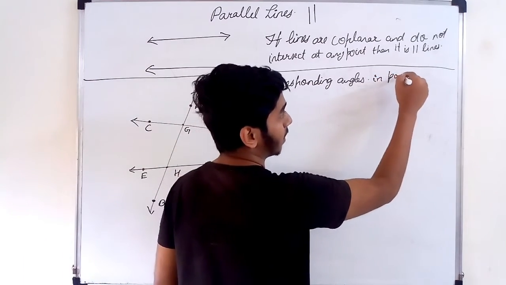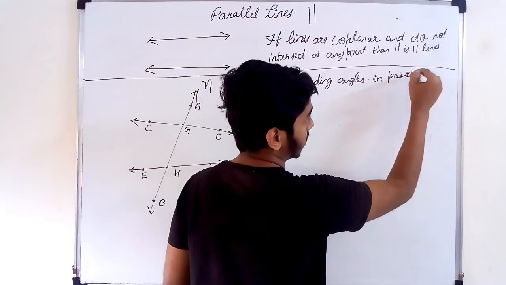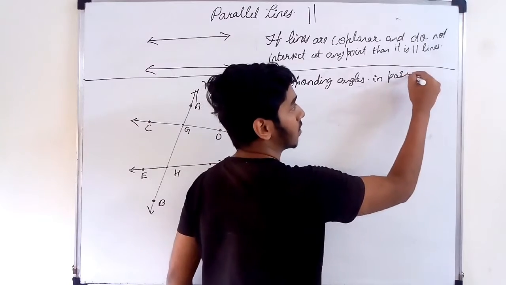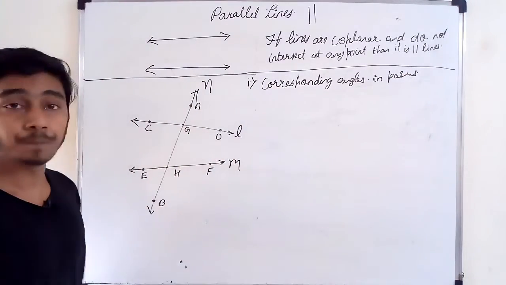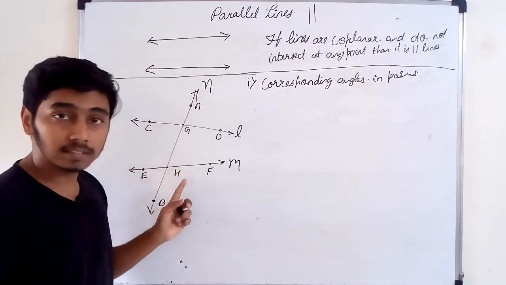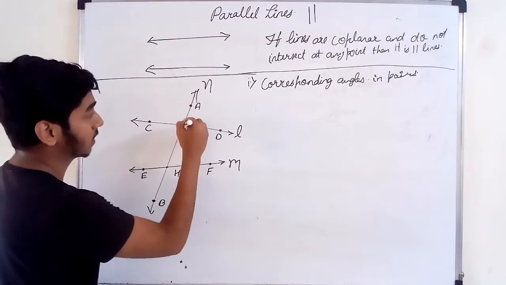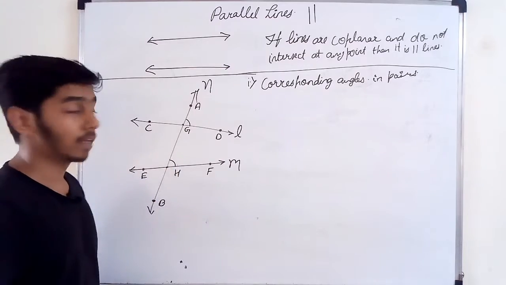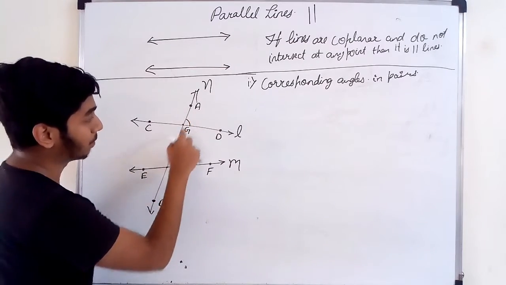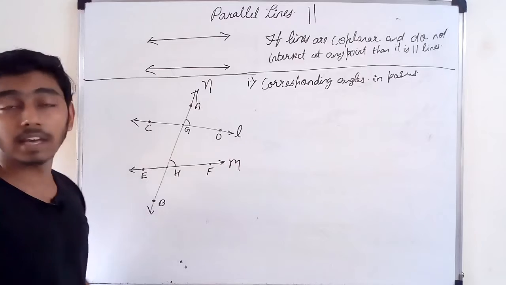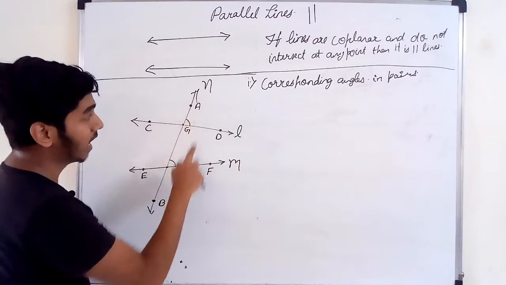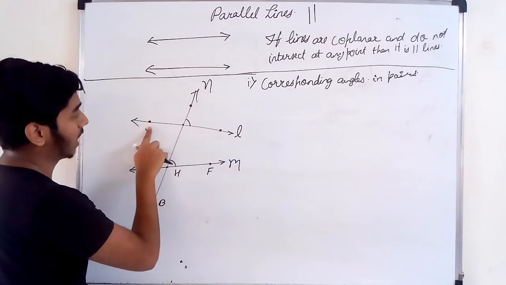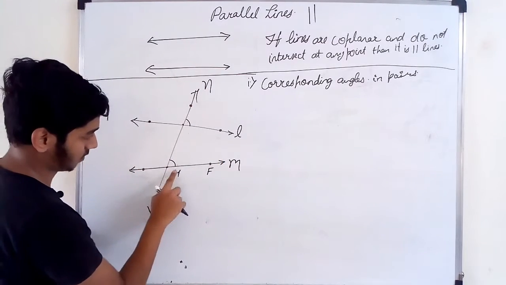Now if you see from this, what are corresponding angles? It is this angle and this angle, because they are right below each other, they are called corresponding angles. So instead of naming like this, let's name the angles.